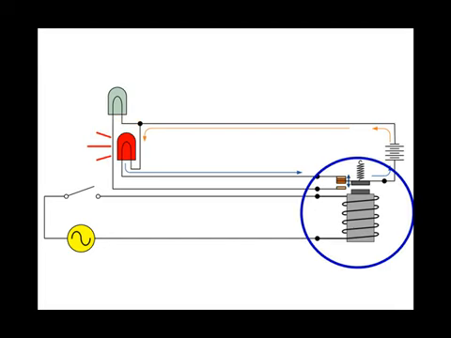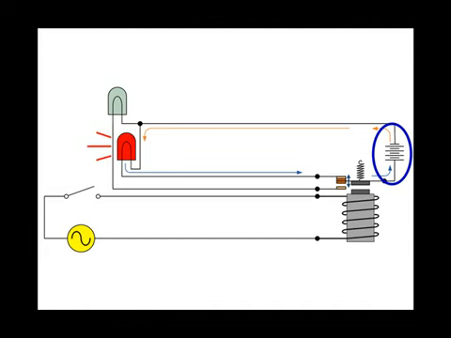The circuit that controls the relay is powered by alternating current. A single pole, single throw switch is used to both complete the circuit, to energize the relay coil, as well as to open the circuit to de-energize the coil. The coil is wound around a pole piece of ferromagnetic material. As current flows through the coil, a magnetic field results, and this field is intensified by the pole piece that the coil is wound around.